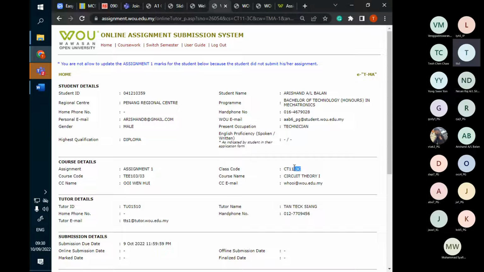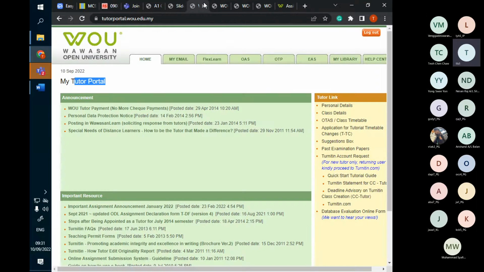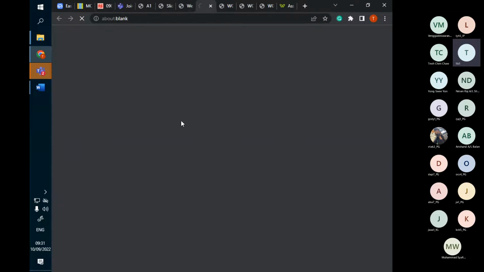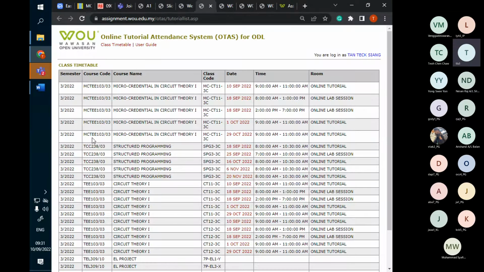There's another one called the course code, but so far I think this is the one: CT113C.